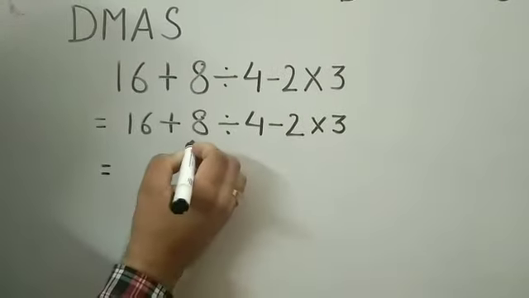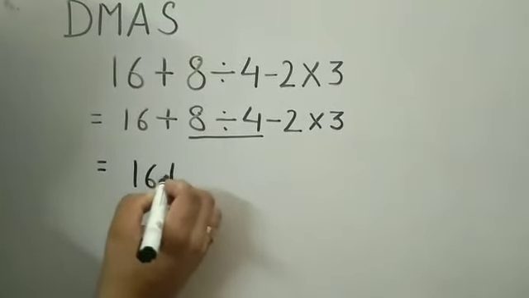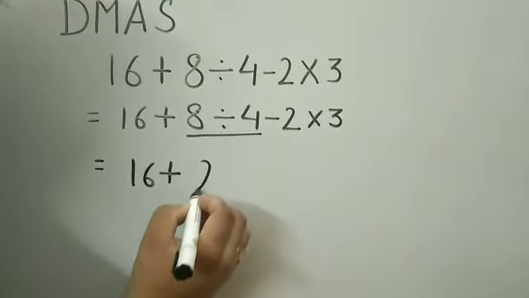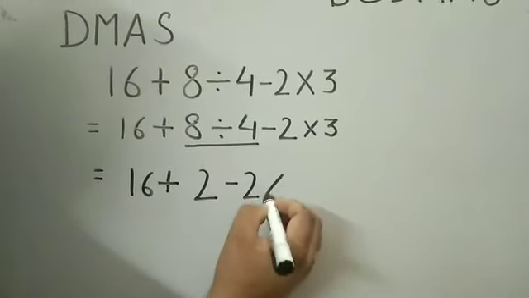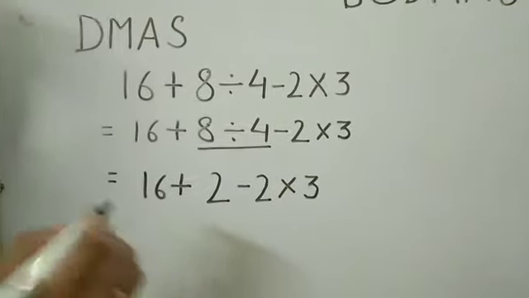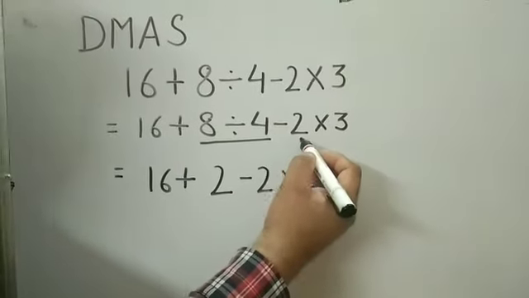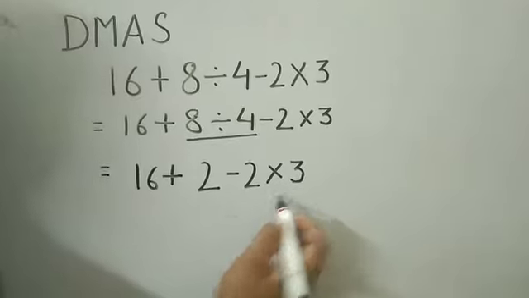Now solve the divide first. 8 divided by 4, answer is 2. 16 plus 2 minus 2 multiplied by 3. Do not change the place of the other numbers.